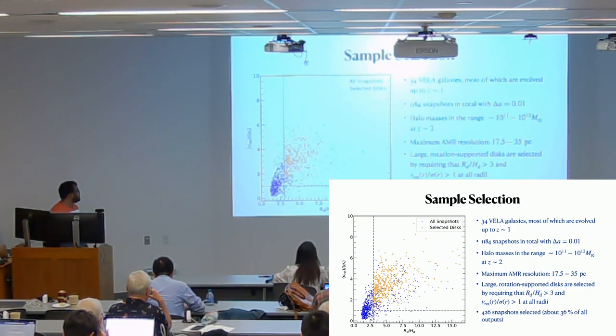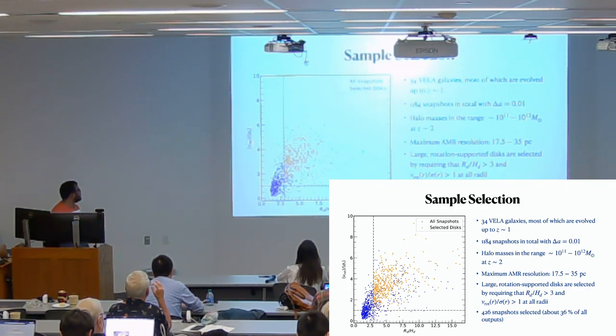We have a cutoff in RD over HD, the disk size over the scale length of the disk, and we select snapshots that are greater than 3. And then we also do a selection in V over sigma, requiring that V over sigma is greater than 1 at all radii, meaning that they're all rotation supported.